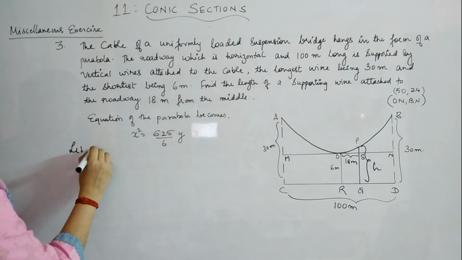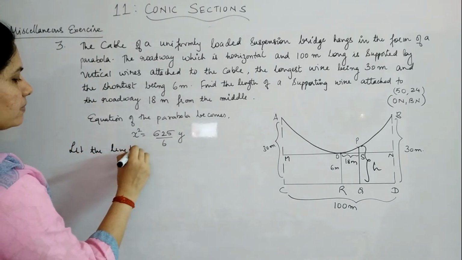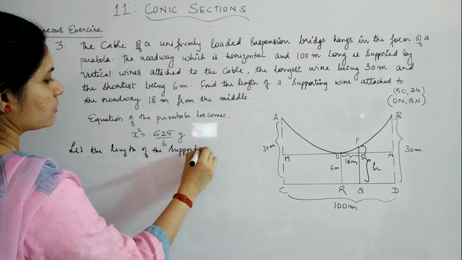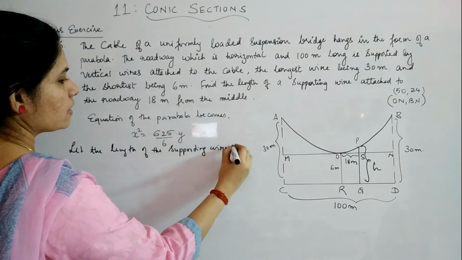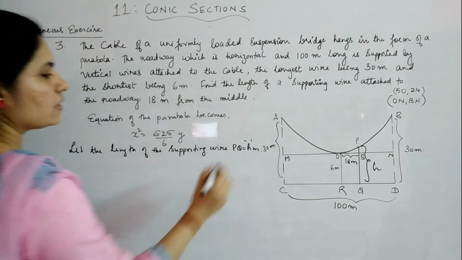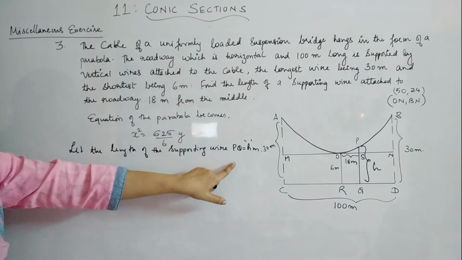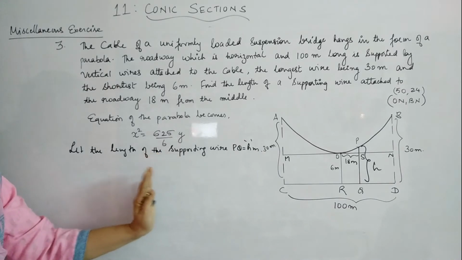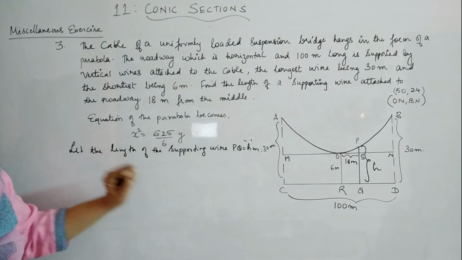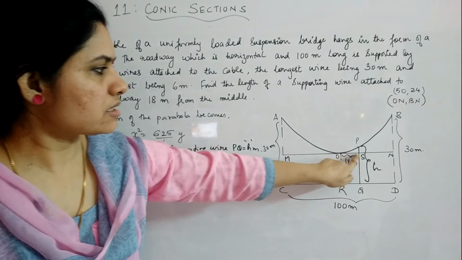Let the length of the supporting wire PQ be H meters. Now this is what you need. It is from the center, 18 meter away. Now again this length is 18.